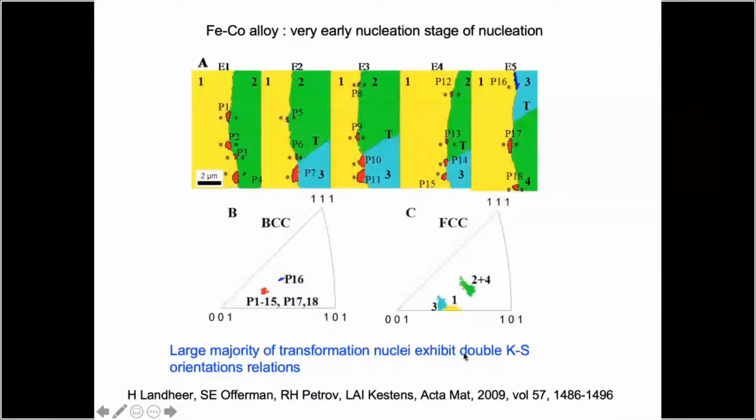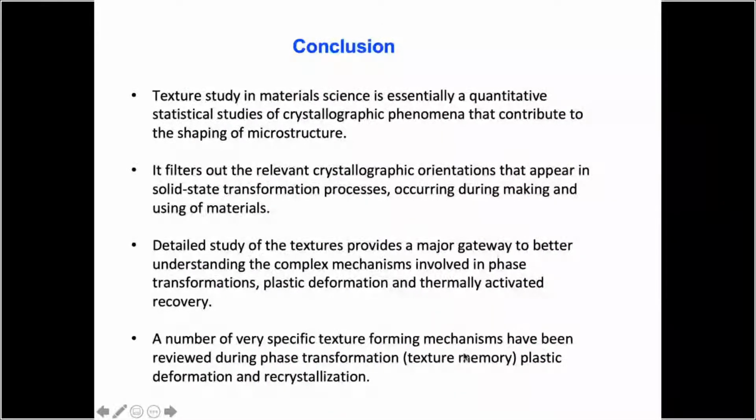So this brings me to my conclusions. I've written here 4 conclusions. First, texture study in materials science is essentially a quantitative statistical study of crystallographic phenomena that contributes to the shaping of microstructure. Because, excuse me, everything I've shown is statistically backed up.